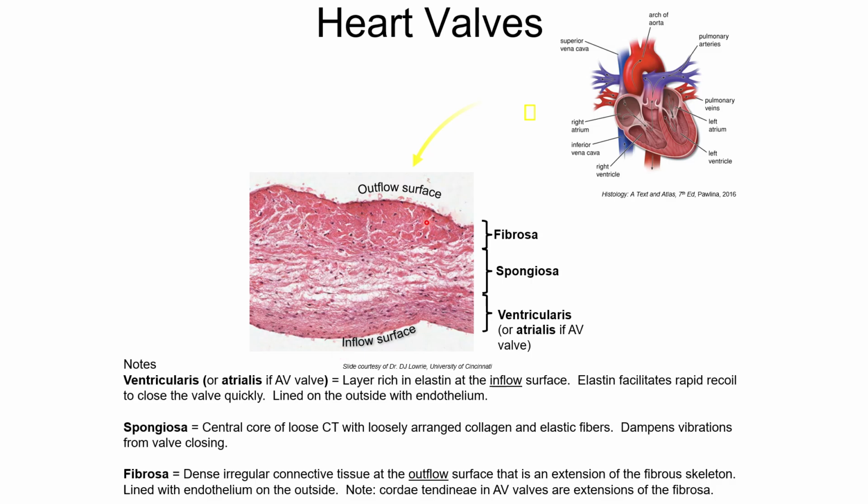And the fibrosa, as the name implies, is dense irregular connective tissue at the outflow surface, and this is an extension of the fibrous skeleton. Again, it's lined by endothelium. Kindly note that the chordae tendineae in the atrioventricular valves are an extension of the fibrosa.